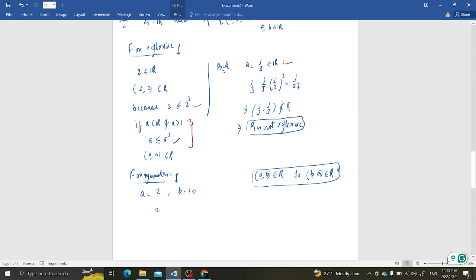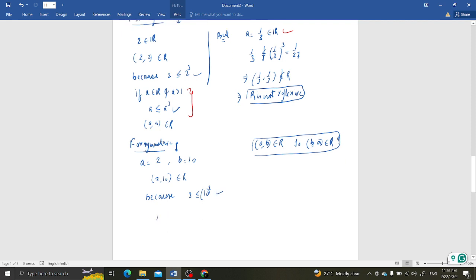So here you observe (2, 10) belongs to R, because 2 is less than or equal to 10 cubed. Property satisfied. But again a problem came. (10, 2) does not belong to R. Why?